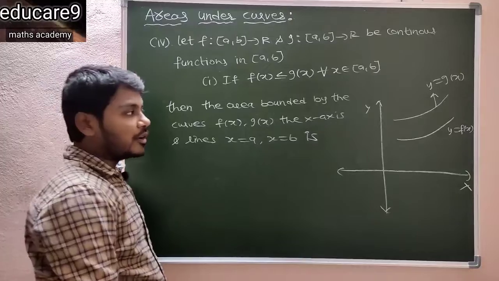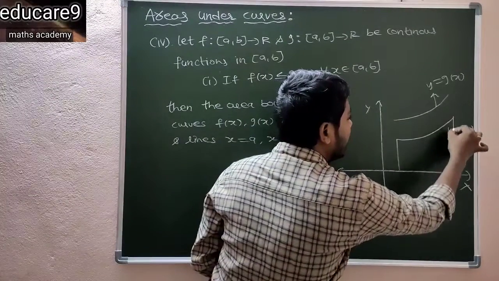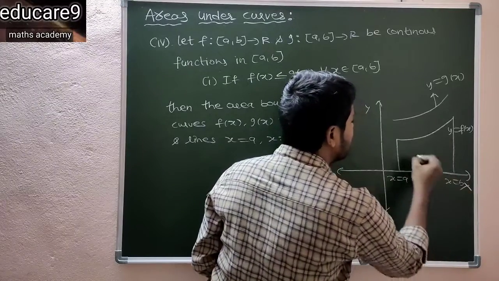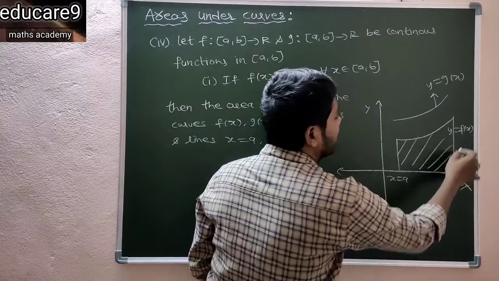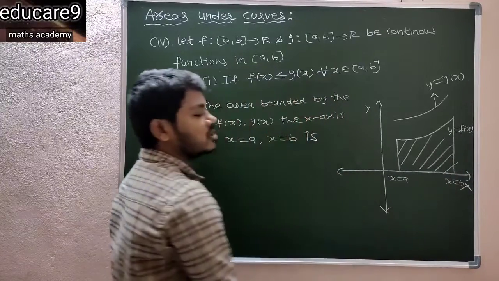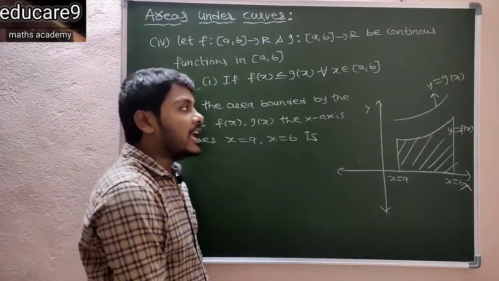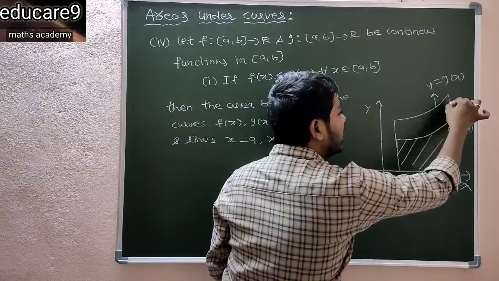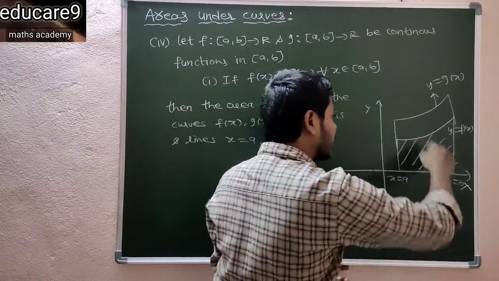Then the area bounded by the curve f of x and the lines x is equal to a, x is equal to b, and the x-axis is this area. And again the area bounded by the curve g of x and the lines x is equal to a and x is equal to b is this total area.